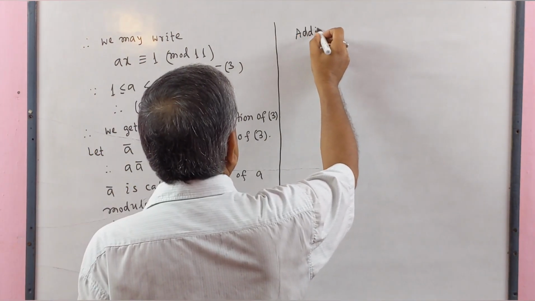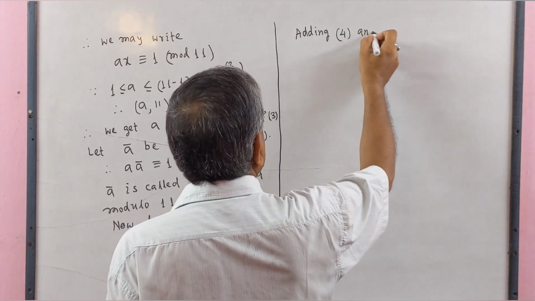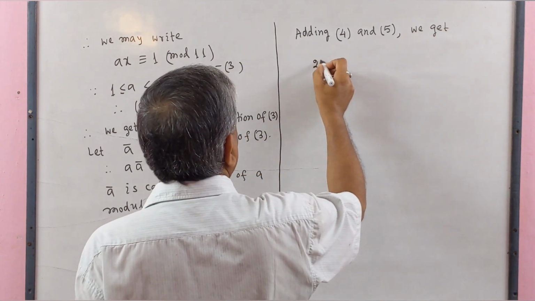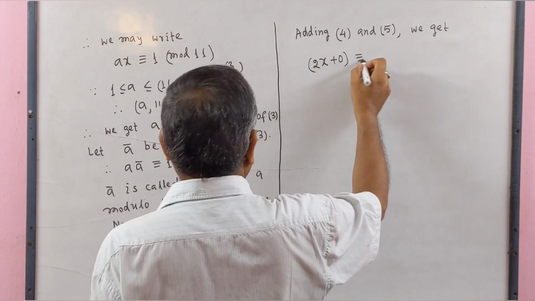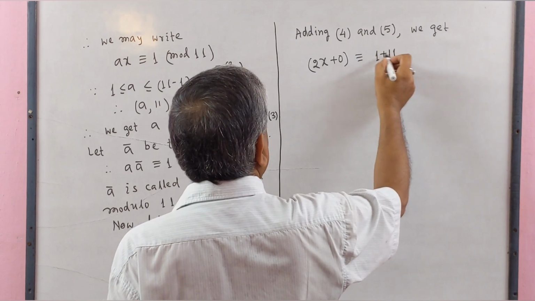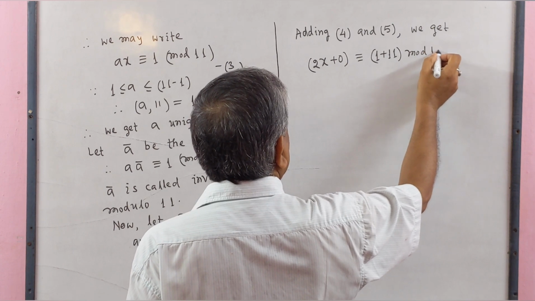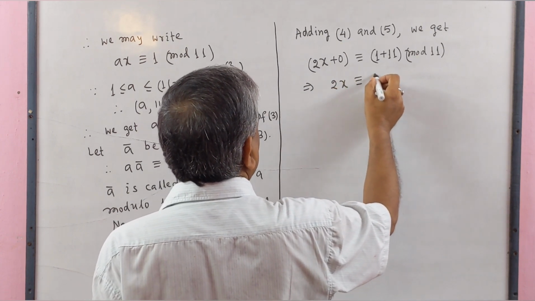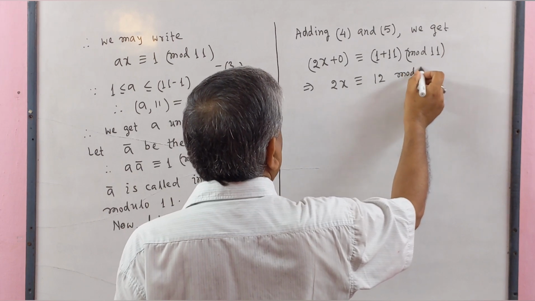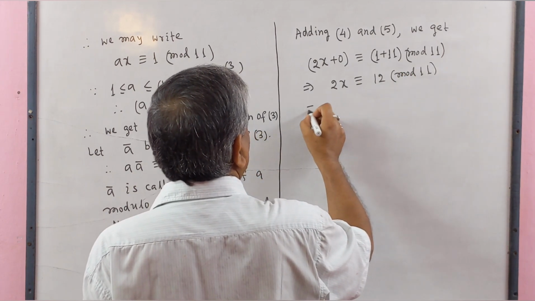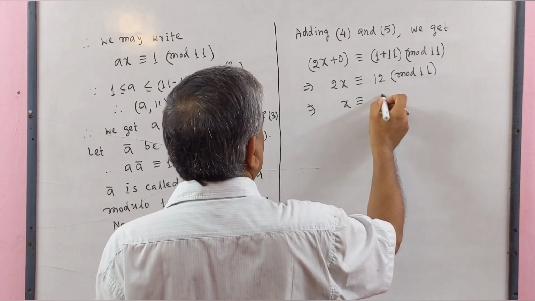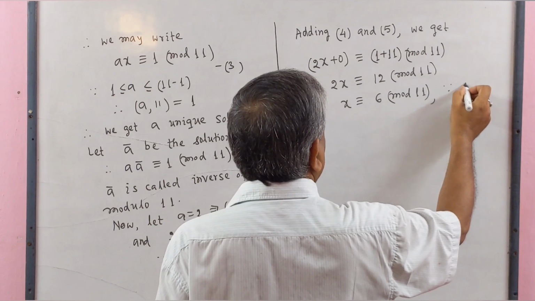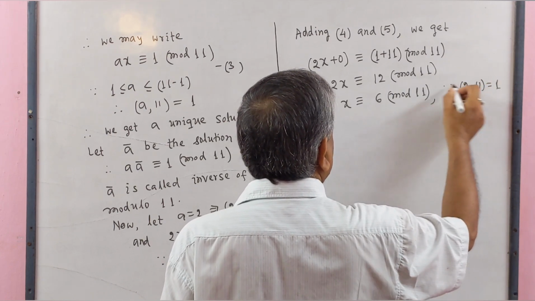Adding 4 and 5, we get 2x plus 0 is congruent to 1 plus 11 modulo 11, implies that 2x is congruent to 12 modulo 11, implies that x is congruent to 6 modulo 11, since GCD of 2 and 11 equal to 1.